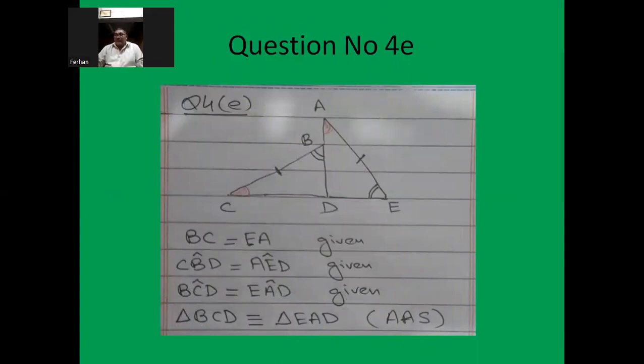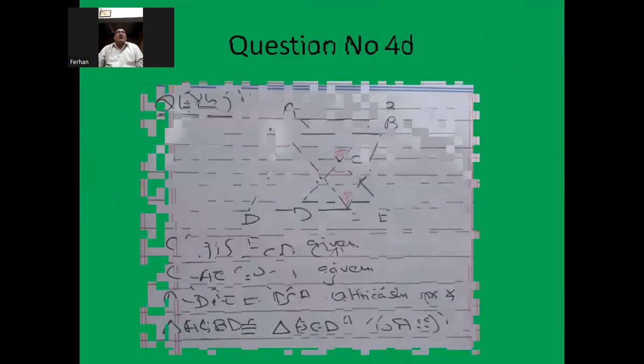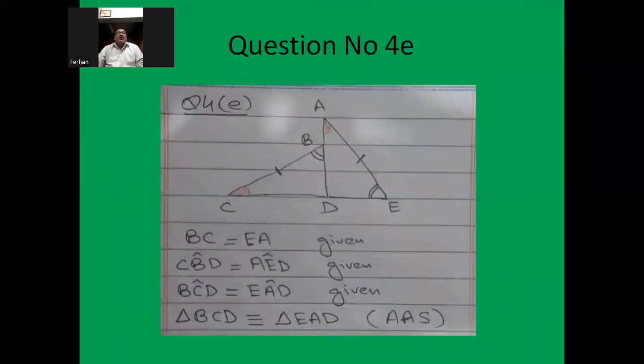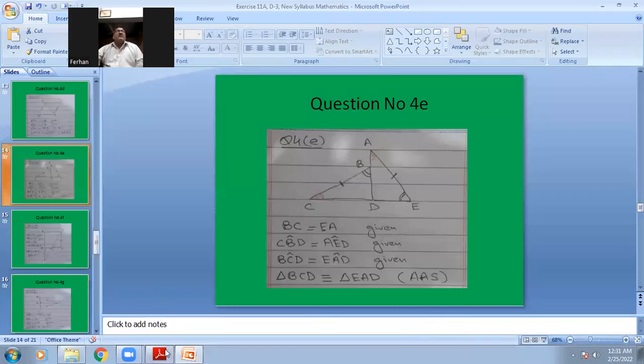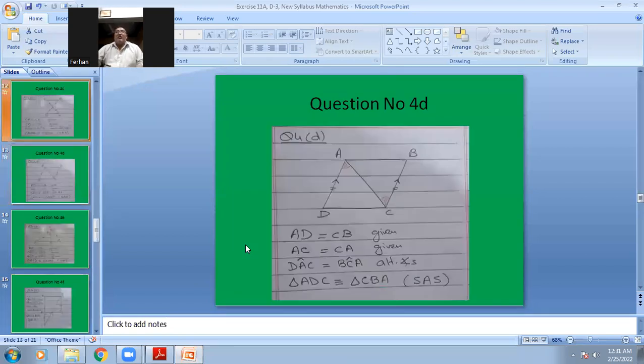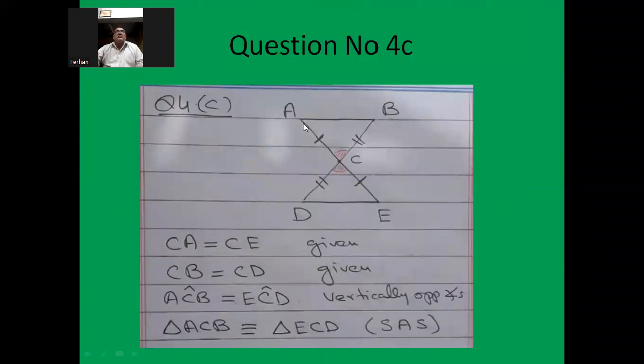So question number 4, the C part. The CA side and the CE side are equal, it's given.